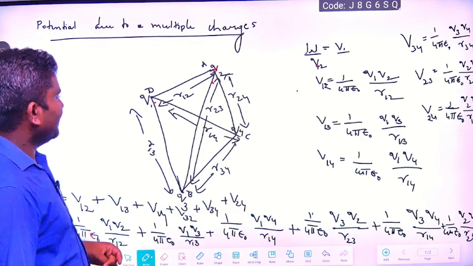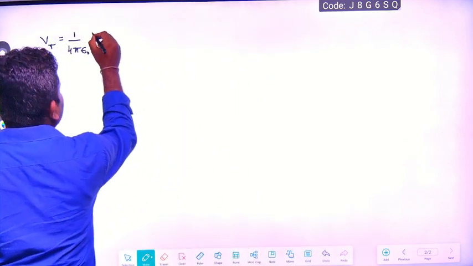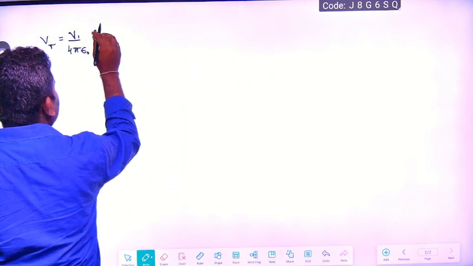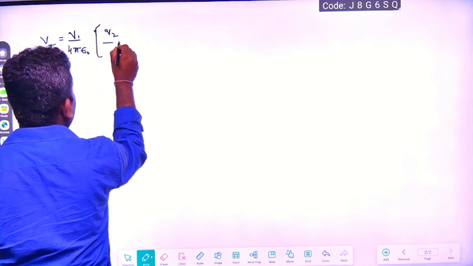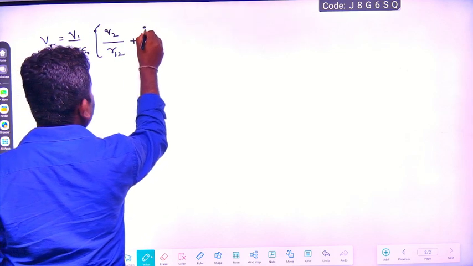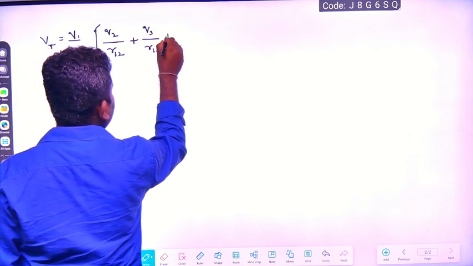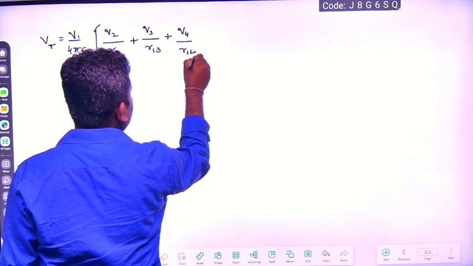So 1 by 4 pi epsilon naught, Q1 is common. That is Q1 divided by 4 pi epsilon naught. Now Q2 divided by R12 plus Q3 divided by R13 plus Q4 divided by R14.